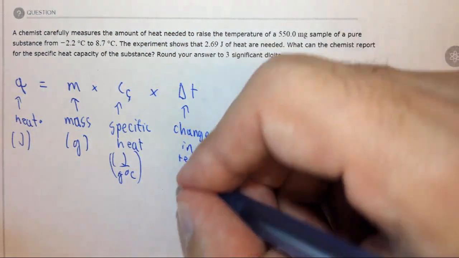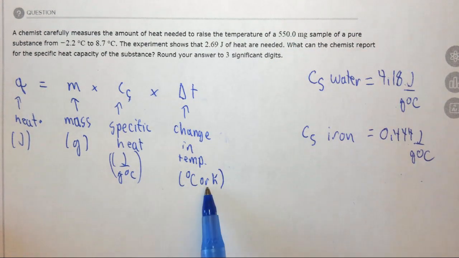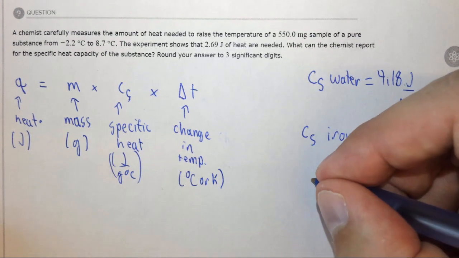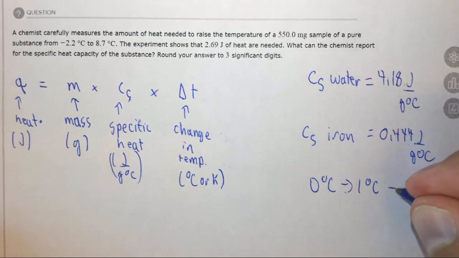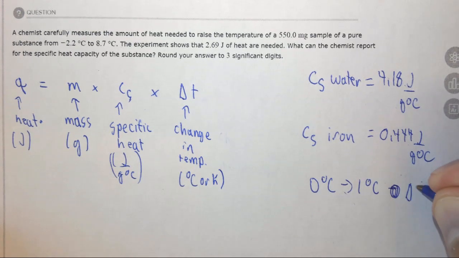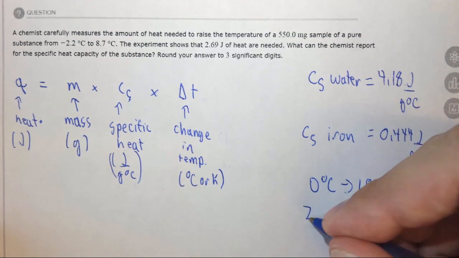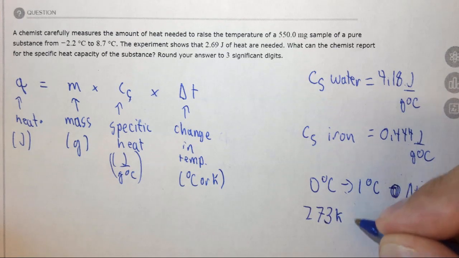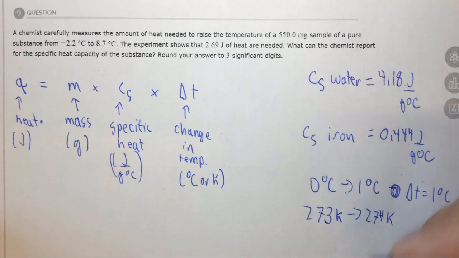And then finally, change in temperature can be in degrees C or Kelvin, because a 1 degree Celsius temperature change and a 1 K temperature change are the exact same change. Think about it this way. If you have something that warms from 0 degrees C to 1 degree C, delta T equals 1 degree C. However, if we convert both of these temperatures to Kelvin, 0 is 273 K and 1 is 274 K, because I added 273 to each.